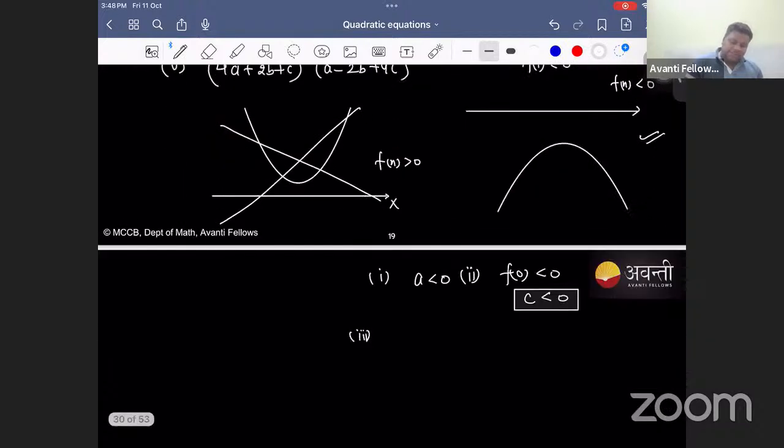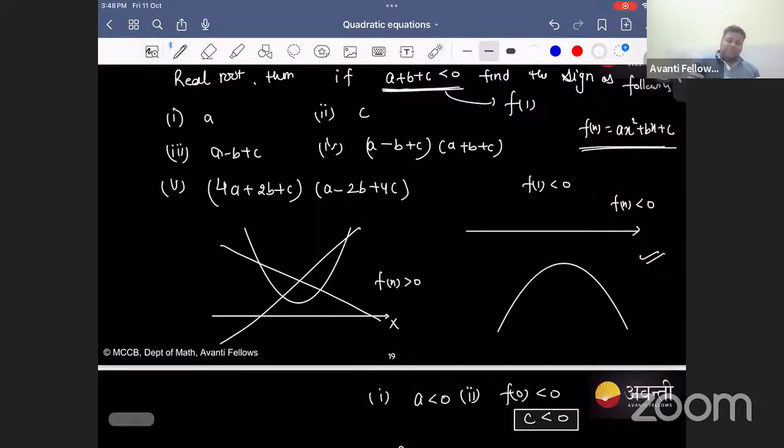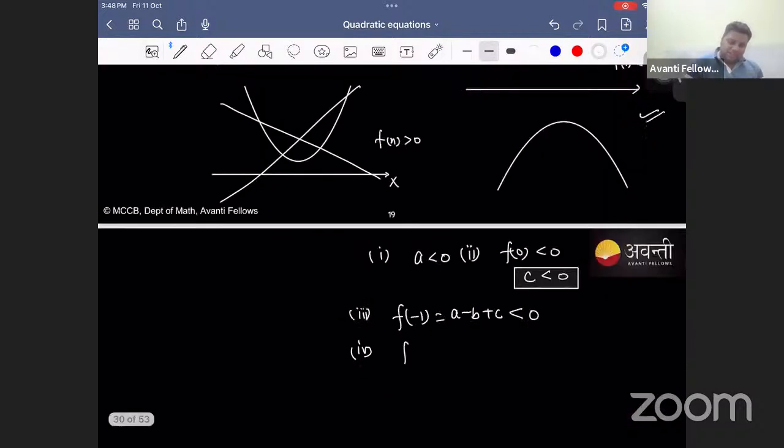Third part, a minus b plus c. See, this is f of minus 1. So it is also less than 0. Fourth part. Fourth, they are saying for (a minus b plus c) into (a plus b plus c), that is f of 1 into f of minus 1. They both are less than 0, so this product is certainly more than 0. Now fifth part.